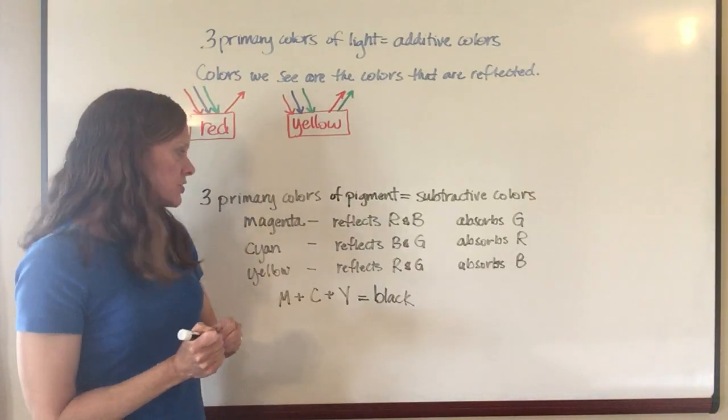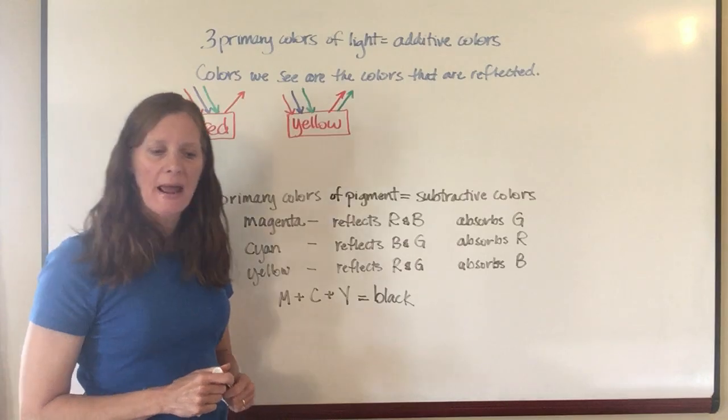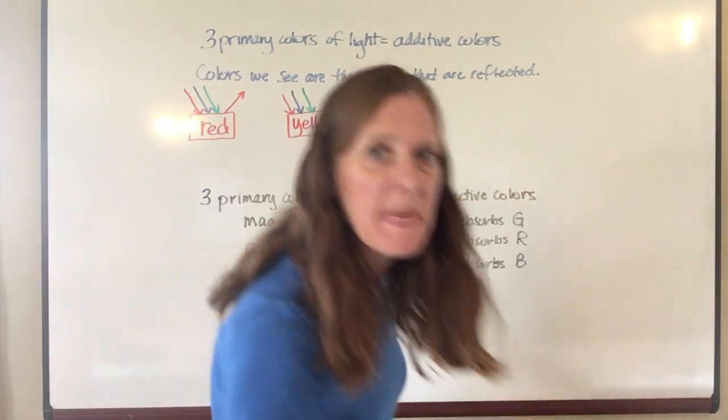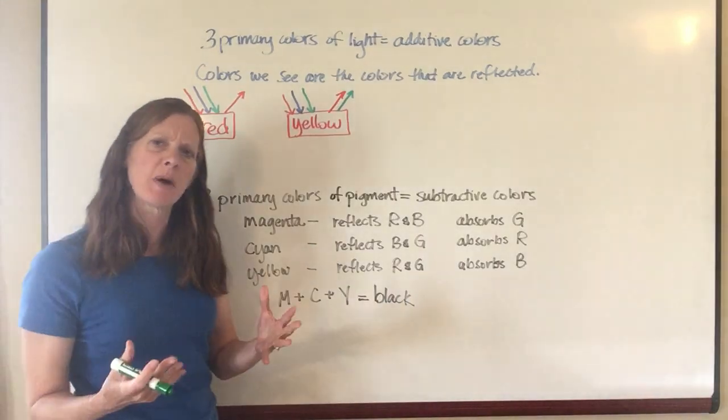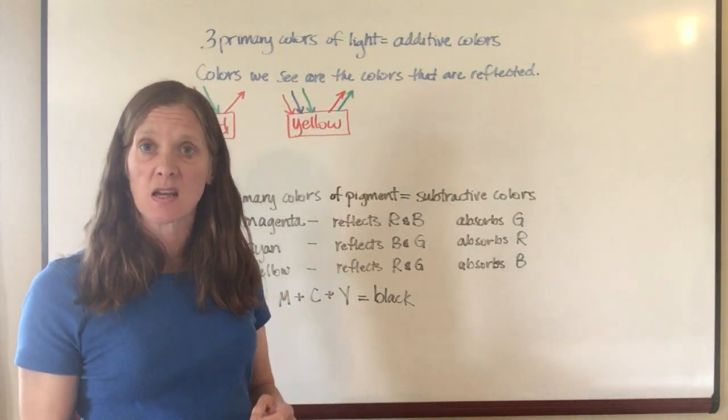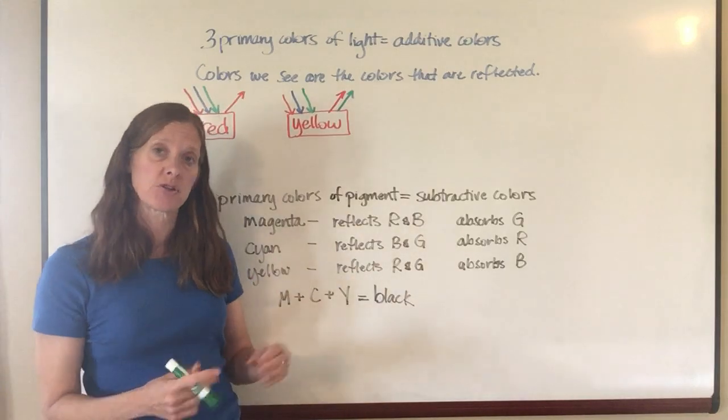Okay? So let's think about what happens now if I start mixing some of these different colors of pigment together. Again, think about this in terms of paint. Think about it in terms of printer ink.